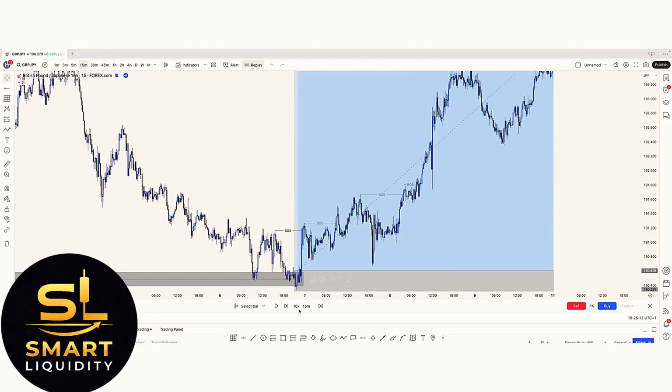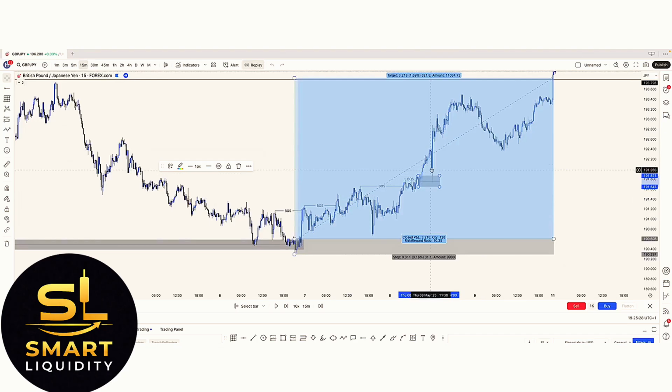So you can see how price reacted off this zone, and then it continued pushing. So 5 lot size here, and then I finished it up here, 5 lot size. So that was how I was able to nurture this particular trade. I didn't add any more positions again until it got to my take profit. So that was just how clean I was able to nurture this particular trade.